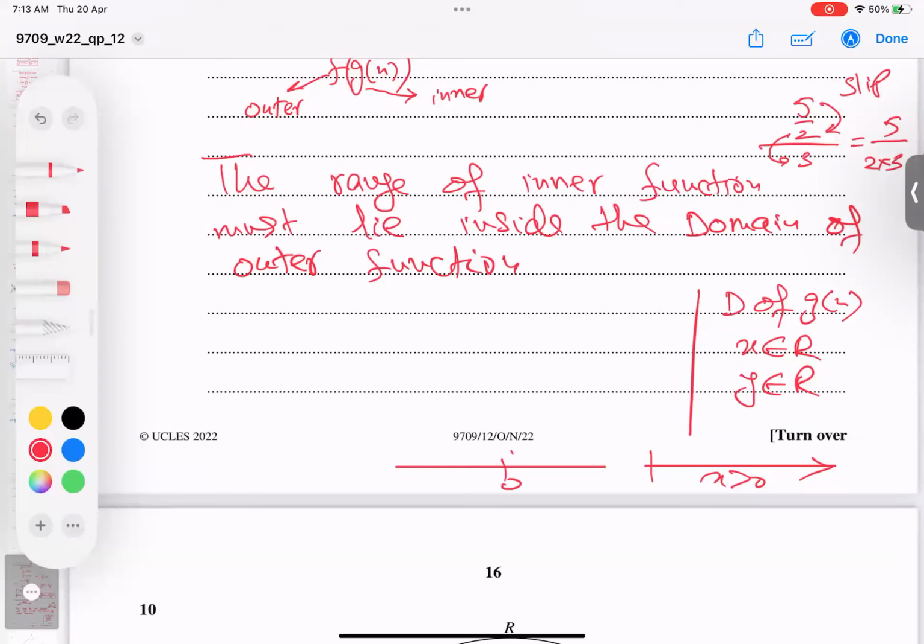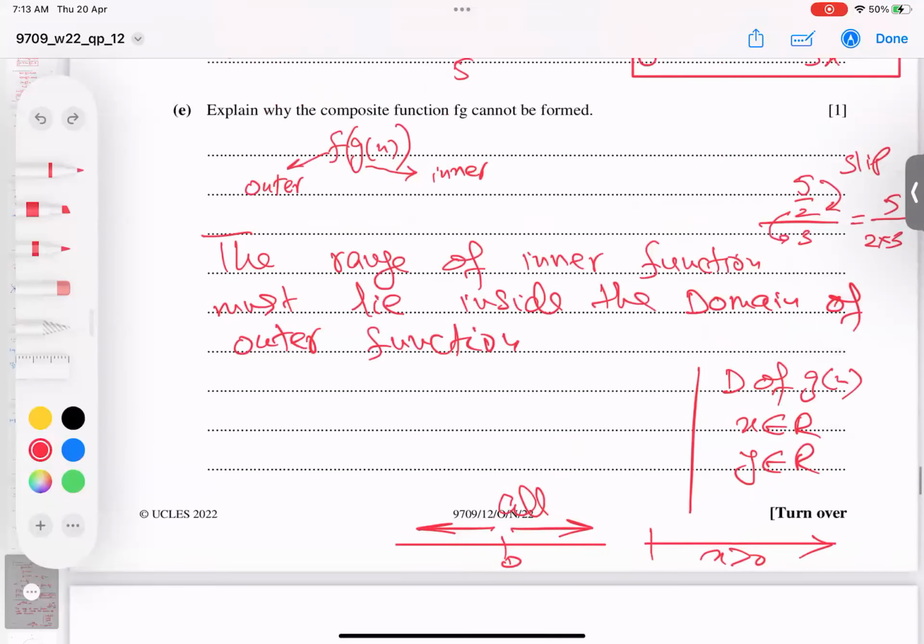Real number means all values on the right side and left side of 0, but not all these values fit inside. This part can fit inside, but what about this part? So I can say that the range of the inner function does not lie inside the domain of the outer function. The outer function domain is this. So the condition is not satisfied, and hence it is not formed.